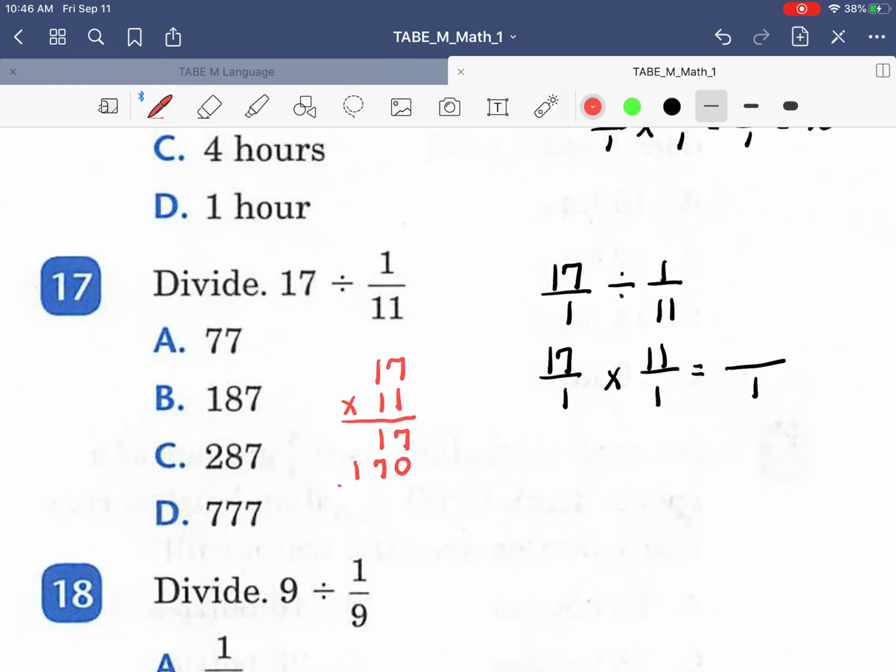Put your 0 in there if you need it. You got to move over the space. So 187. And then if you go ahead and simplify that on down, you get a total of 187. Answer to number 17 is 187, B.